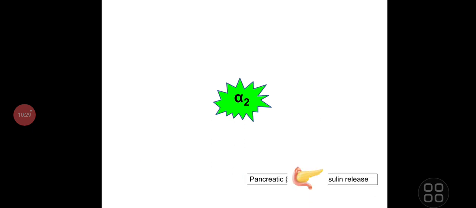Now alpha 2. Alpha 2 is present in pancreatic beta cells, where it functions to decrease insulin release.